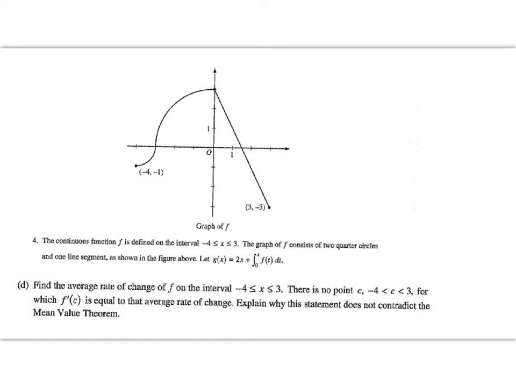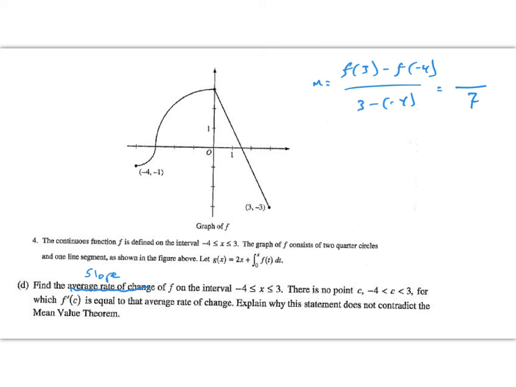Let's find the average rate of change, and when we see the words average rate of change, this is just code for slope. So I basically need to find the slope: f of 3 minus f of -4 all over 3 minus -4.